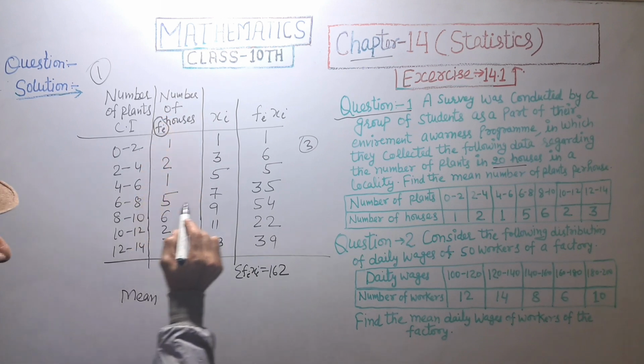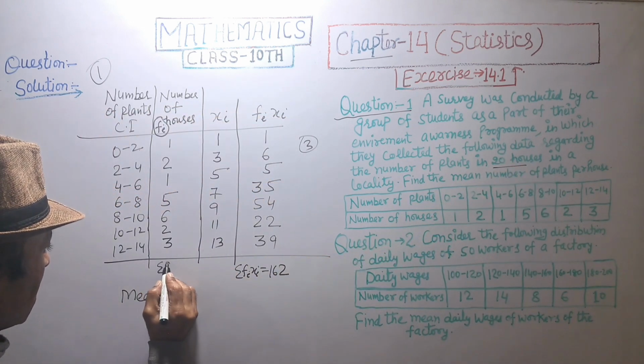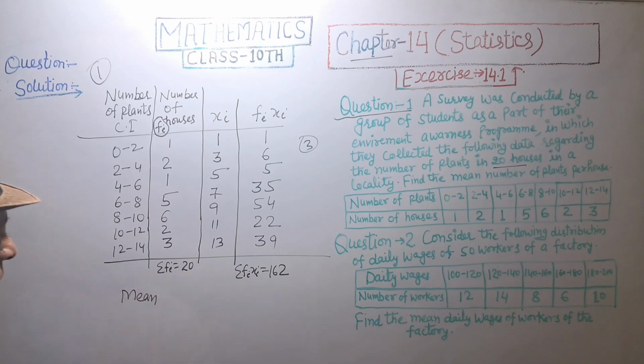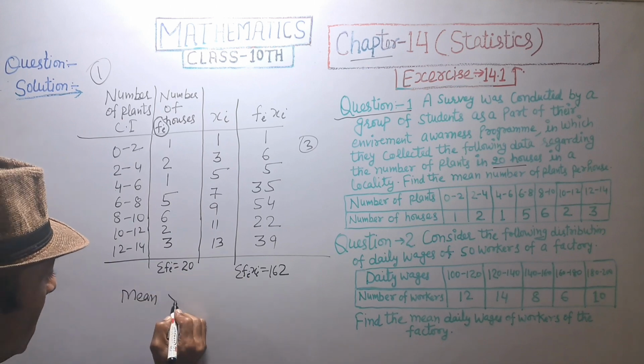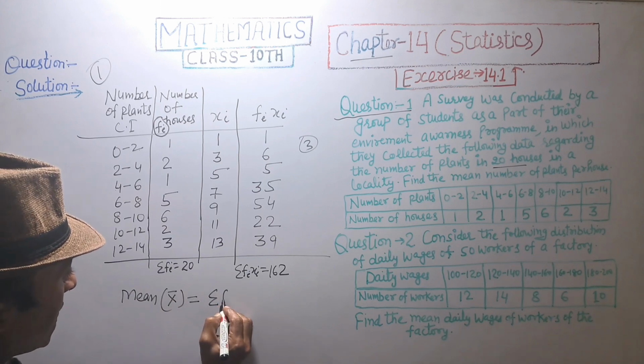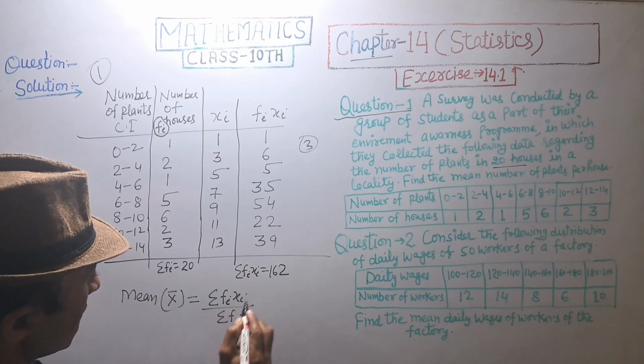And sum of frequency, summation Fi, is equal to 20. So direct mean is equal to summation Fi Xi divided by summation Fi.